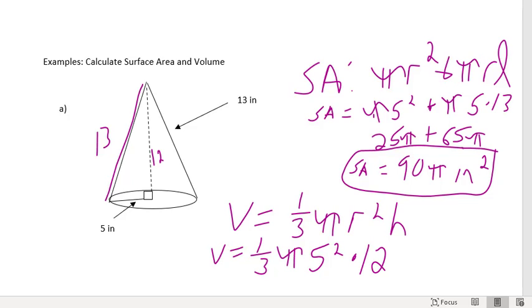It is the total height from top to bottom straight down, not the slant height. So multiplying that out, 25 times 12, 300 divided by 3, we get 100 pi, and that is inches cubed now because it's volume.